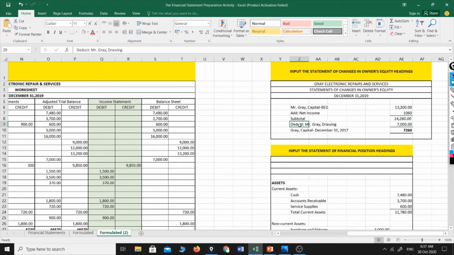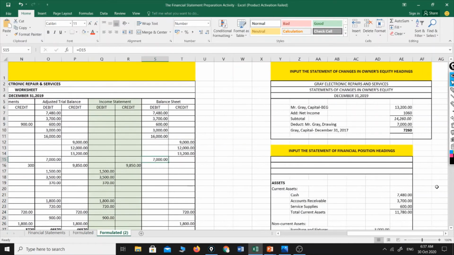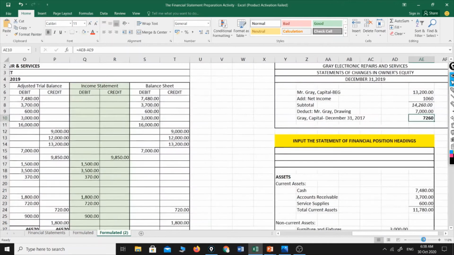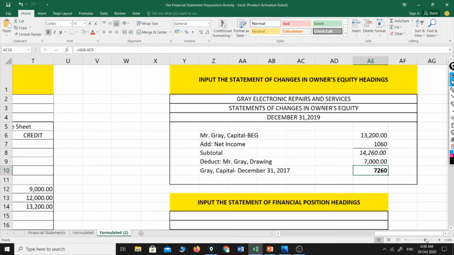And then we deduct the drawing. So we just go over our worksheet and find out how much is the drawing. Of course, this is 7,000. So 7,000, and then we deduct this one from the 14,260. Therefore, we came up with the ending capital balance amounting to 7,260.